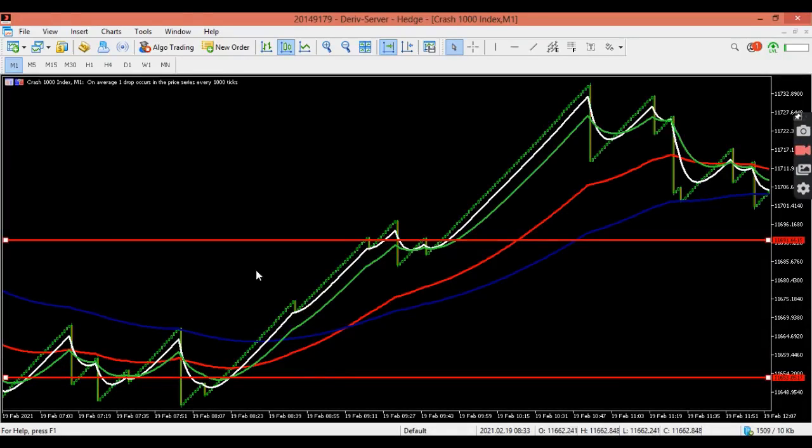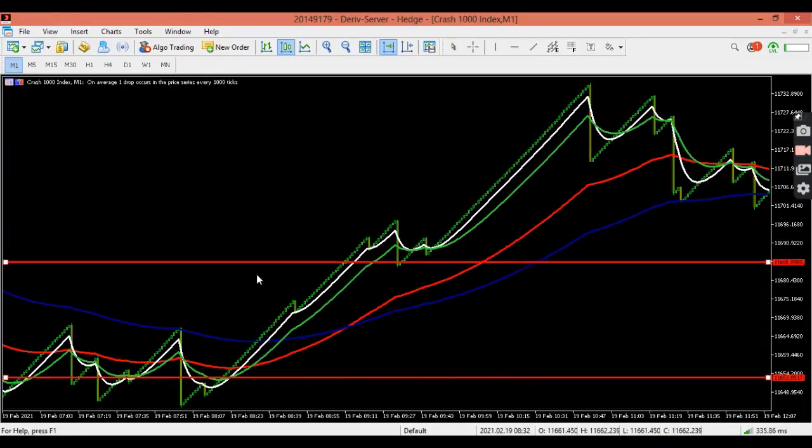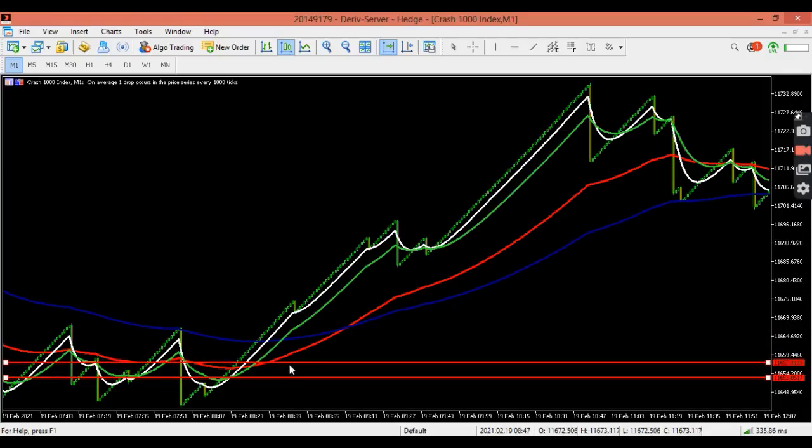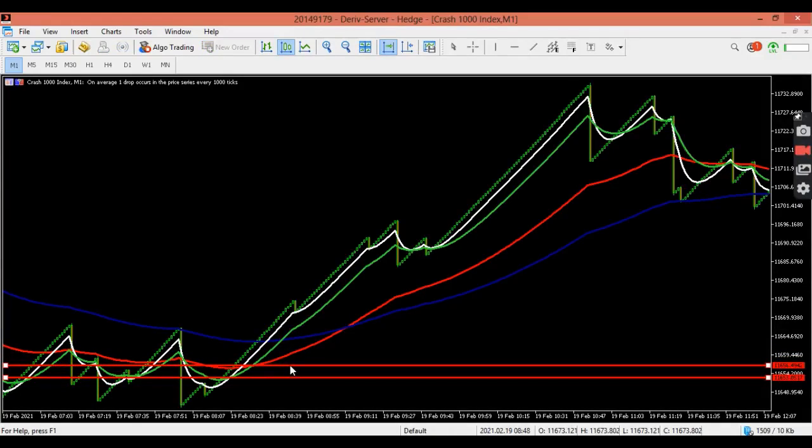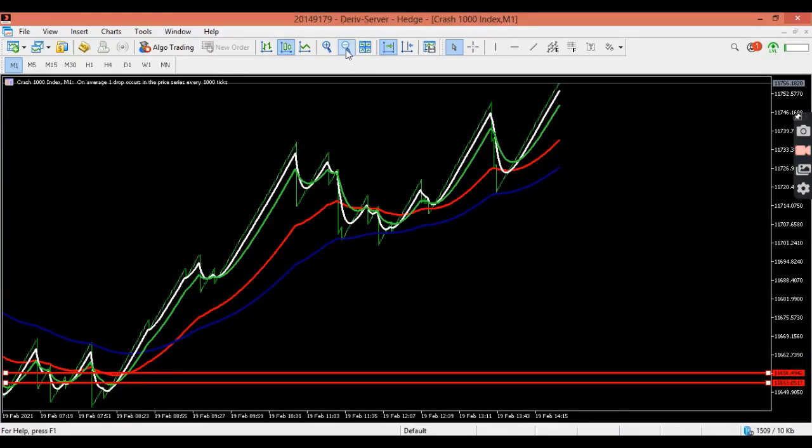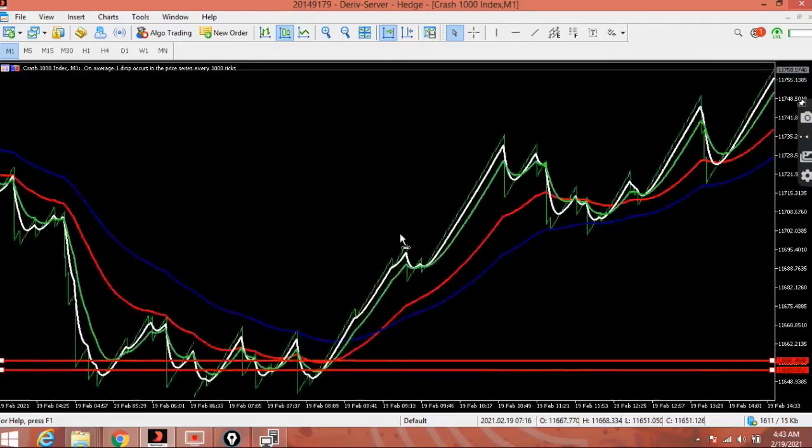And the second confirmation is when this green and white cross this red here. So you ride the trend. Look at it, the market goes, it's still up here. I missed this entry earlier today. I will bring it here for you to see live and direct. But anyway, before we finish, let me continue.